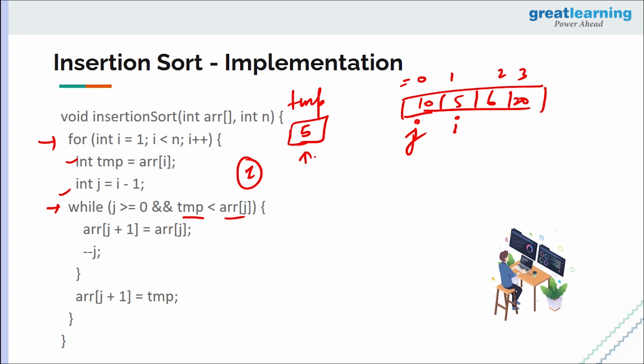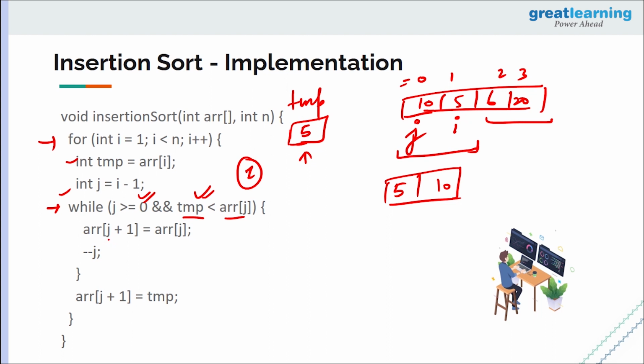Now, if 5 is less than 10, that means this will be our new sorted part, and this is the unsorted part obviously. In that sorted part, 5 should be first, because we are sorting the elements in this array in ascending order. So this should be the scenario. Now this condition holds and this condition also holds.